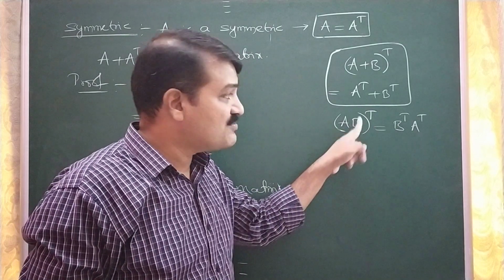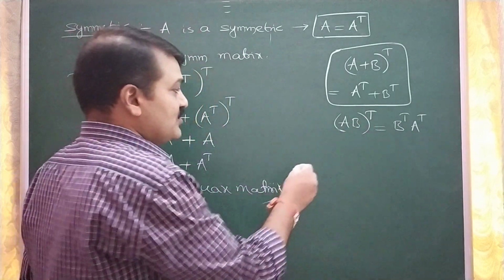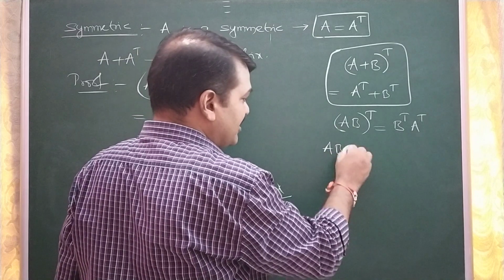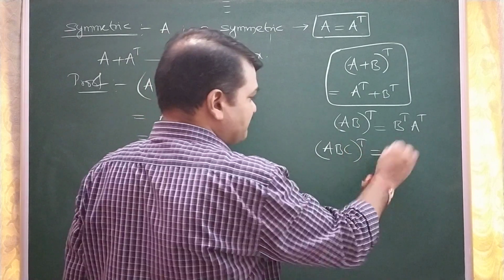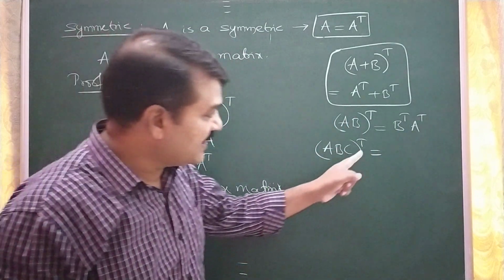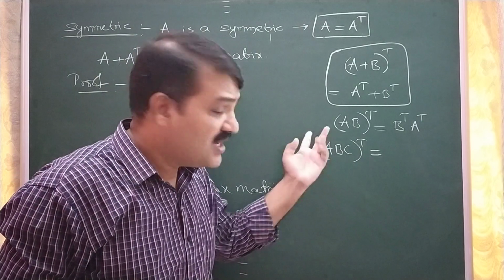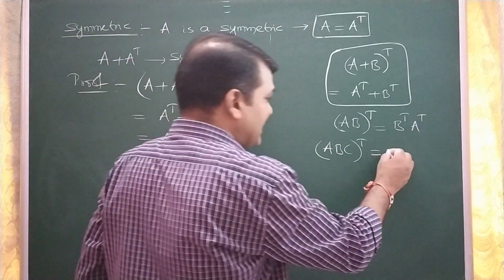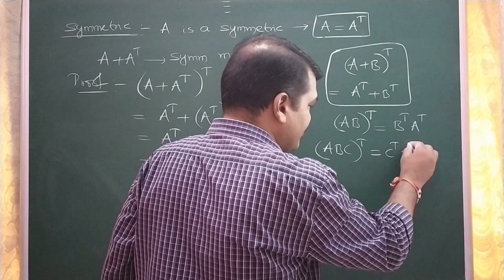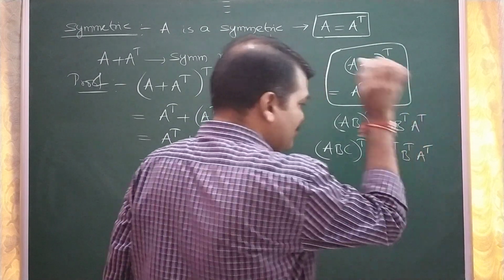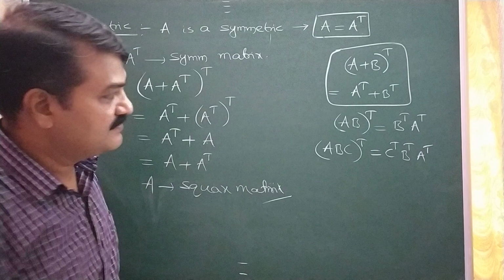First you write B transpose, next you write A transpose. When you are taking the product of three matrices, it is the same: you have to write C transpose into B transpose into A transpose.